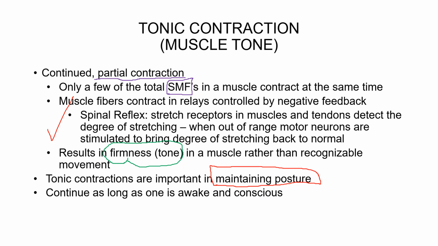And you can read at the bottom bullet point, they continue as long as one is awake and conscious. And I would even argue that. I would debate that and say, even when you're sleeping, you have tonic contractions. Now, there is a phase in your sleep where your body is completely paralyzed, completely limp, and you can't move. But even throughout your sleep, there is contraction of your muscles.